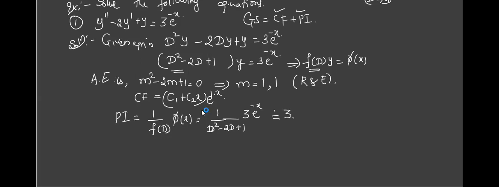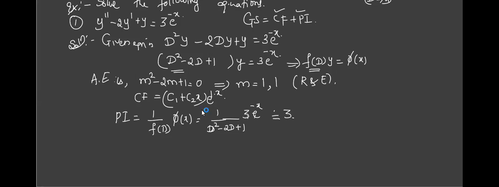If you write it here or here, it won't matter. But don't write e raised to minus x on the left side. It is the wrong way of writing a differential equation, because this is a function of x and this is a derivative with respect to x. The 3 can be kept here or here, but the exponential should be kept on the RHS only.